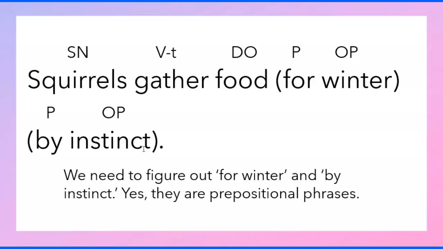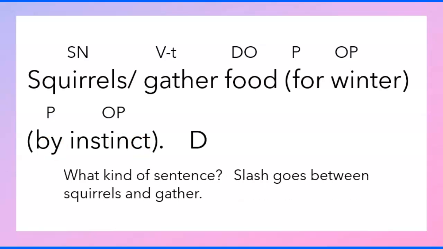Okay, very good. Now let's see. We have to add the D in because we know it's a declarative sentence. And here's my slash. And then you guys can fill in the blank, which is subject noun, VT, DO, and then underneath pattern 2, check, check.